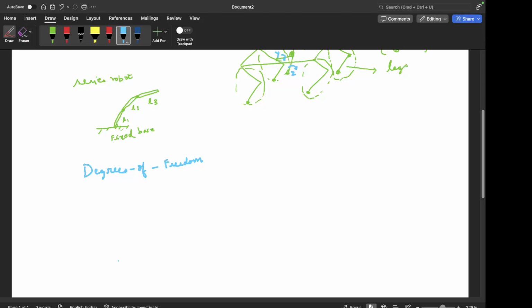Right. So let's start with our classic two-link serial manipulator. There's a joint here and there's a joint here. I believe you all know, how many degrees of freedom are there in this system?